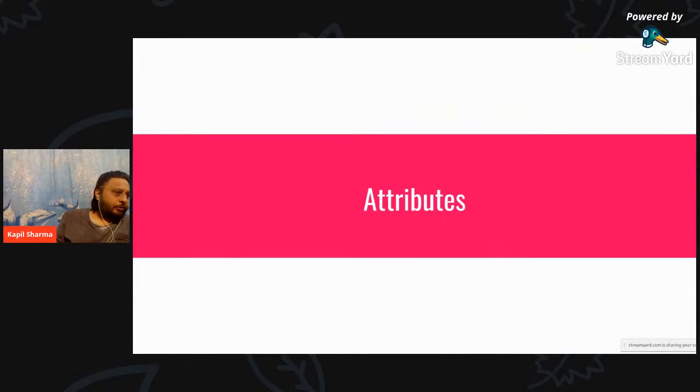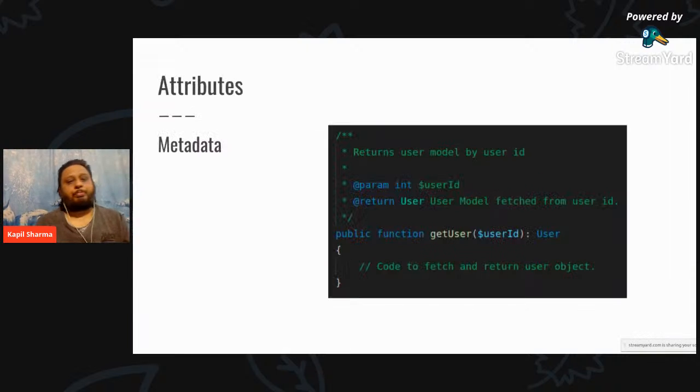Next one is attributes. Before that, let's discuss what metadata is. Metadata, as the name suggests, is data about data. One simple example, we have a function get user. Now, if I call that function with a string value, will it succeed? It will fail. But my IDE will not show it. So we have something called a doc block where we can define it. Here I defined that the parameter user ID should be an integer.